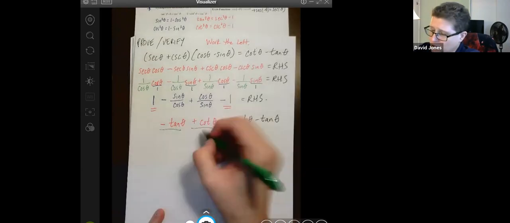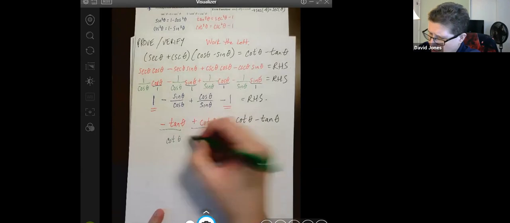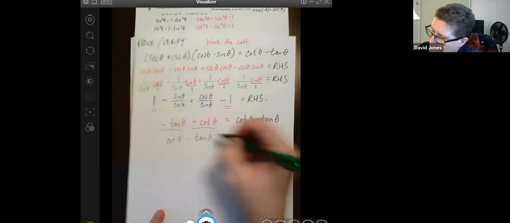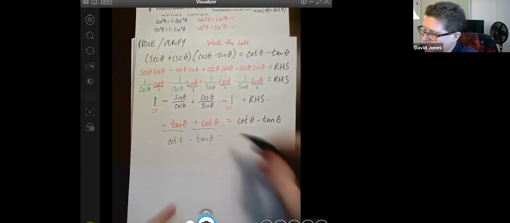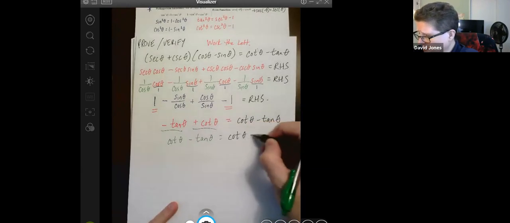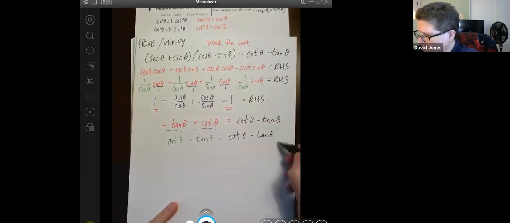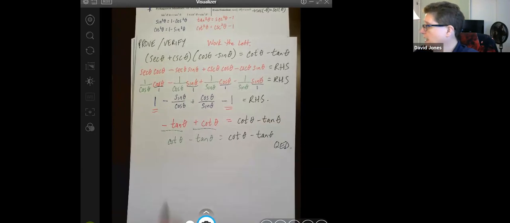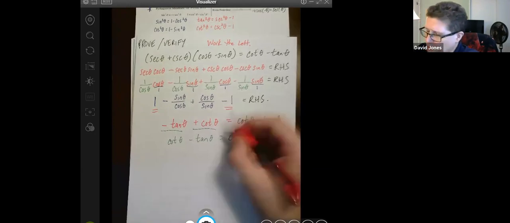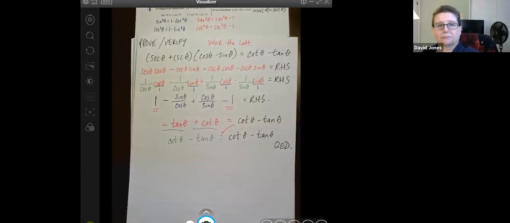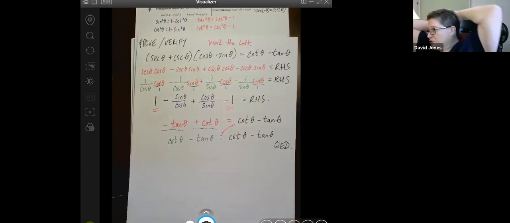Cotangent's positive. We switch the order. Cotangent theta minus tangent theta equals the right-hand side, QED. I like to just put a check mark on it when I'm done. That's my thing. I use check marks.